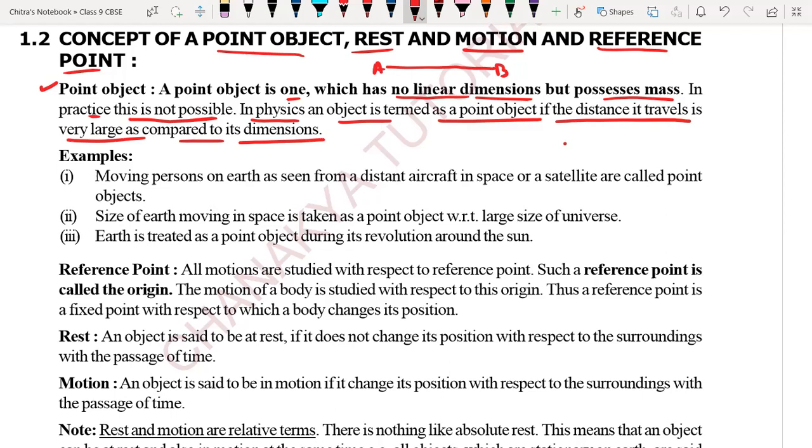We don't actually have the object, we are just considering that a point object A travels 100 meters and reaches point B. So point A and point B are nothing but point objects. Understood, everyone?